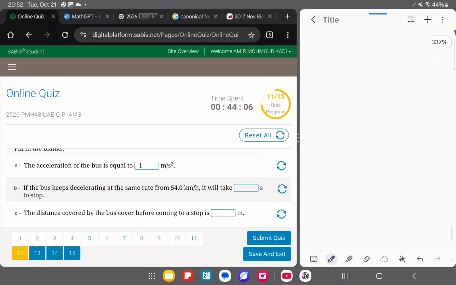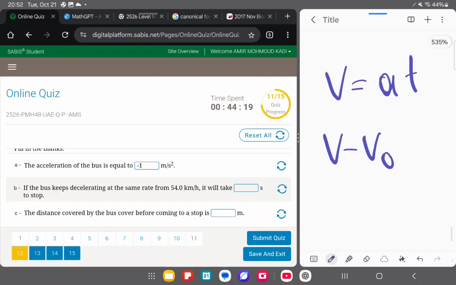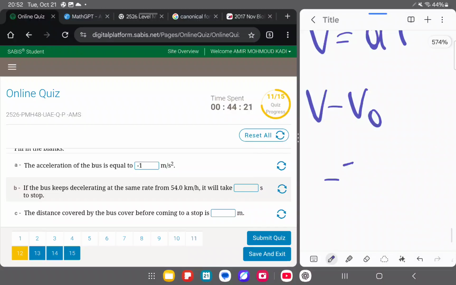But the idea is that we can just do v equals at, and to decelerate to 0, v minus v initial.